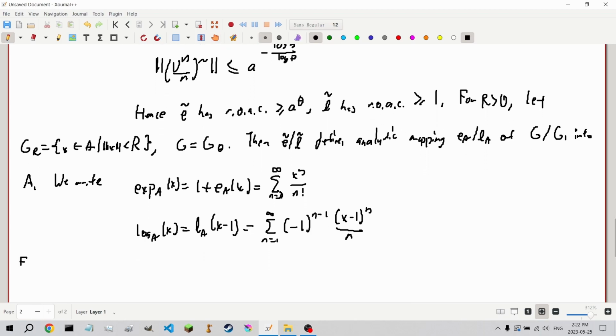Then for x in G_R and n at least 1, we have x is in G and x minus 1 is in G1.